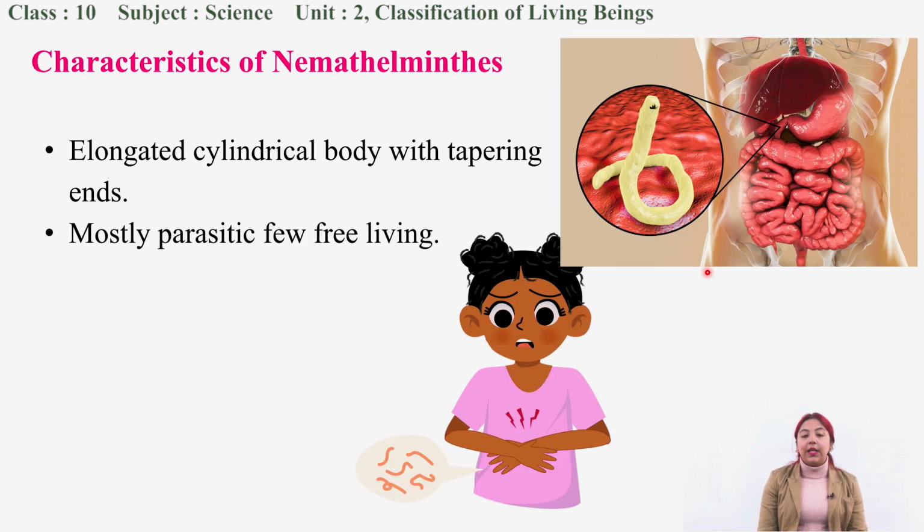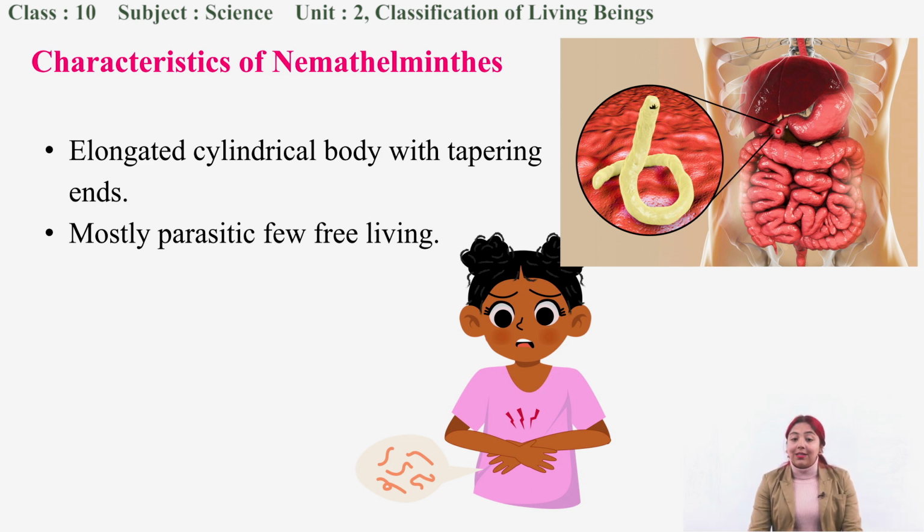Now, most of the organisms are parasitic in nature, and a few of them are free living. This roundworm, you can see, lives as a parasite inside this girl's body. So they are parasitic. Only a few of the nemathelminthes are free living, that is, they do not depend on any other organism for their survival.